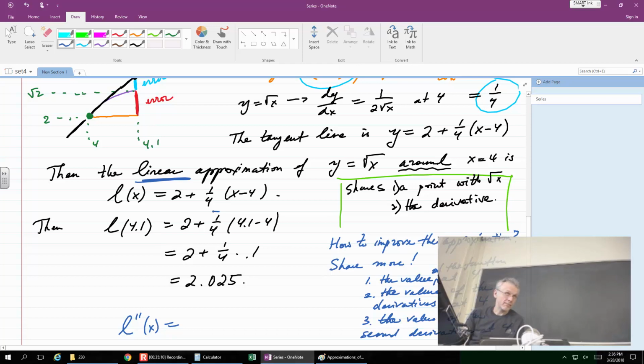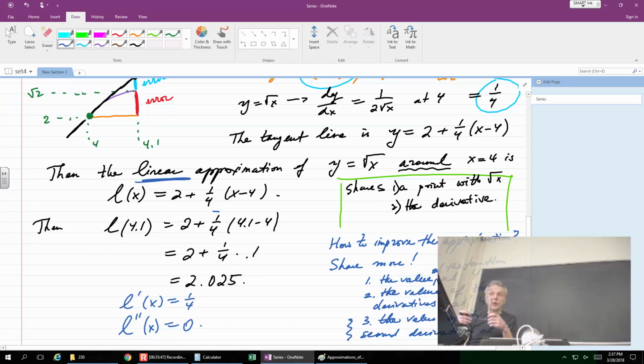It's the horizontal line. No, that's the first derivative. So it will be a derivative of L of x. L prime of x is 1/4, right? So the second derivative is 0. So as you can see, it doesn't matter what function we're starting with. Its linear approximation will be a linear function. It always will have the second derivative equal to 0. So this cannot happen, because the second derivative will always be equal to 0. So you cannot make them share.